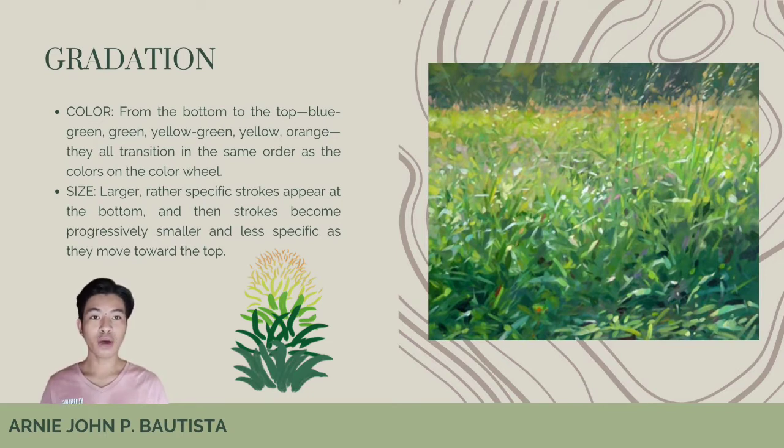But if you try to analyze the whole painting as it goes up, you will see that the strokes became smaller and smaller. That is the gradation there. The strokes of the painting from the bottom part started with larger and longer sizes, but as it goes up, the details become smaller and smaller.